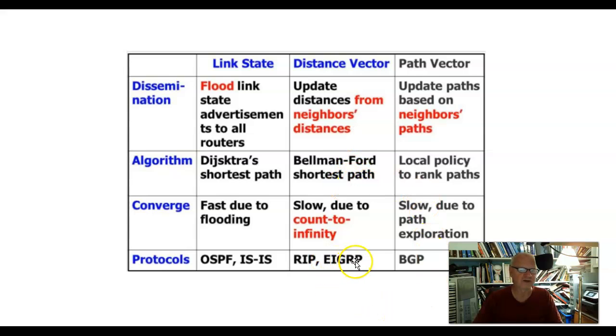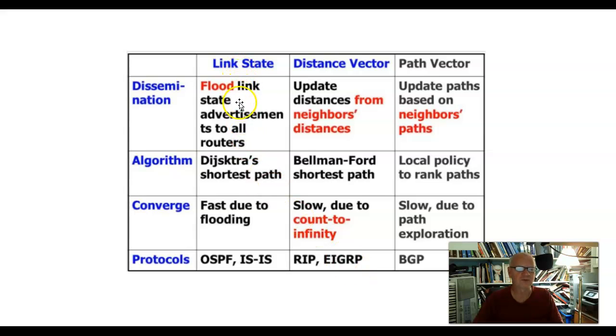RIP and EIGRP are famous for being distance vector, although depending on what you're reading, EIGRP is sometimes called not necessarily link state, but a hybrid, because it has some of the characteristics of link state. But Cisco squarely makes EIGRP a distance vector protocol.